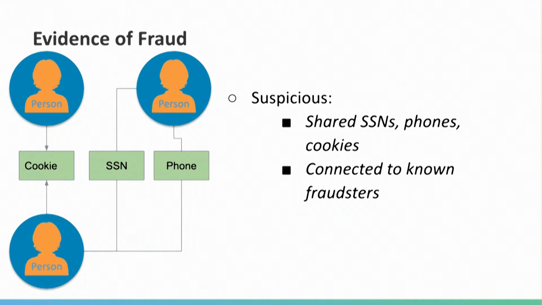So sharing a cookie, if you have users where their session has been hijacked, then that fraudulent person has hijacked their session and therefore is doing fraudulent activity. If you're sharing social security numbers, probably not a good indication, since those 2 users shouldn't have that same piece of identity. And then of course, phone number, maybe not in and of itself an identifier, but along with some other information could definitely be an indicator of suspicious activity.